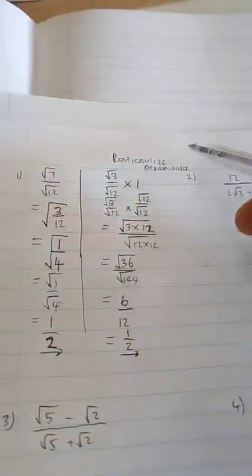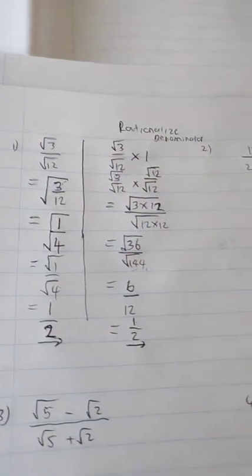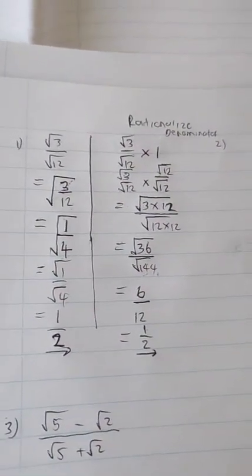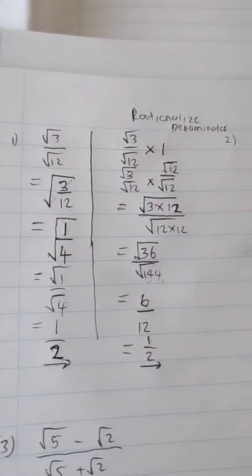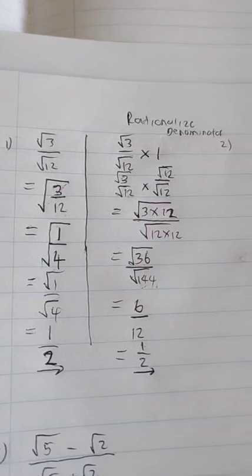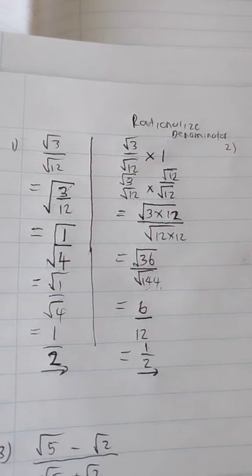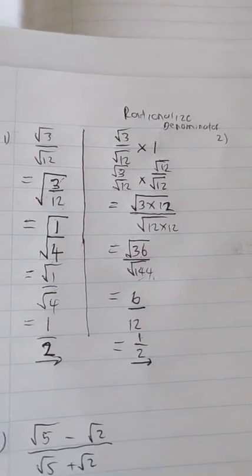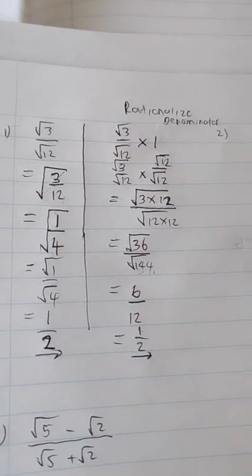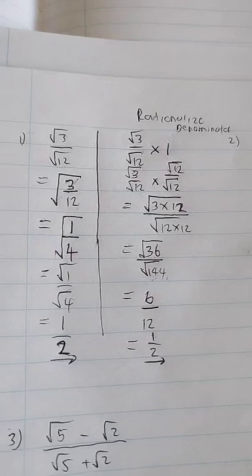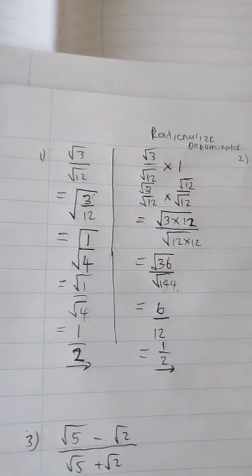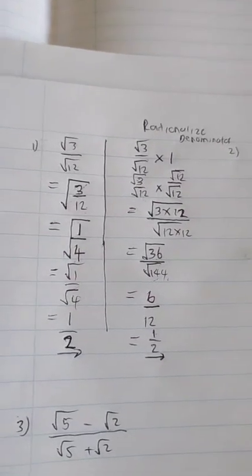Totally different approach, but at the end of the day, it leads to the same answer. No calculator used, we simply used our surd and root knowledge to simplify the given numerical fraction which has a surd.